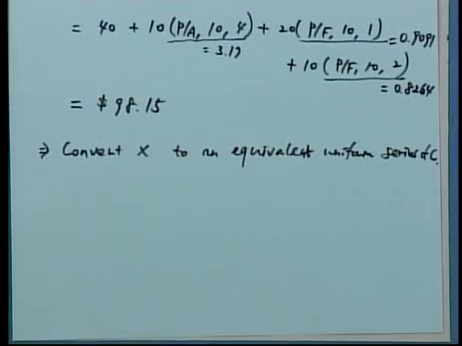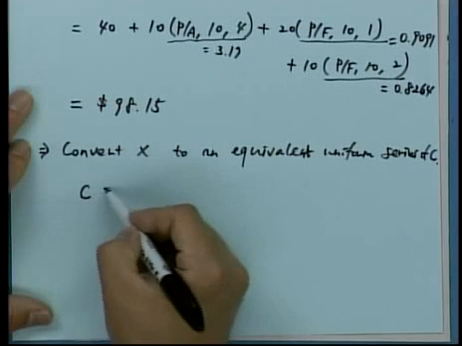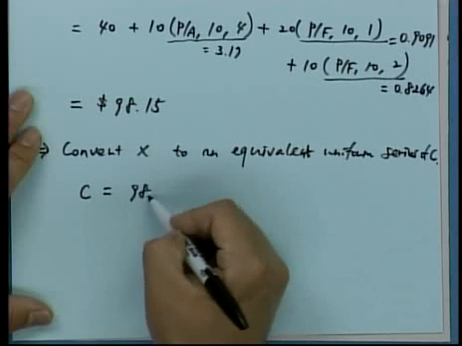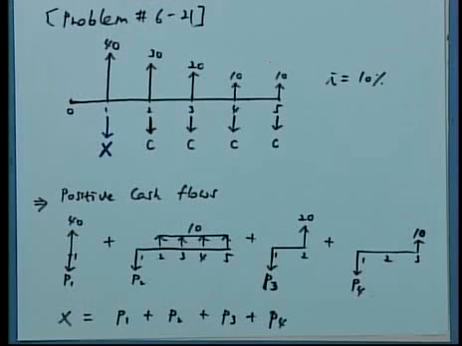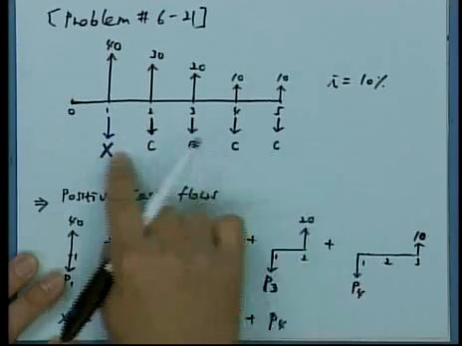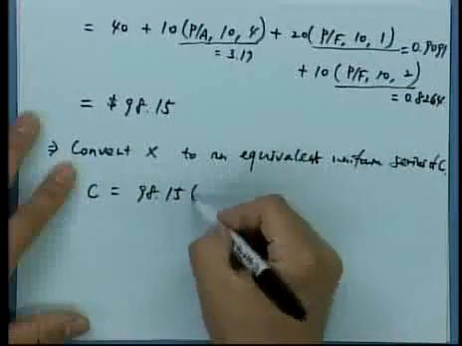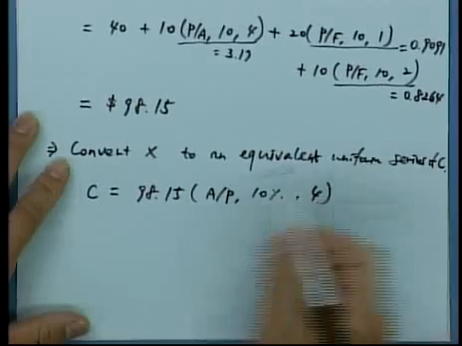So here C is equal to 98.15. So I will show you the original diagram. And times A given P 10% over 4 periods, right?